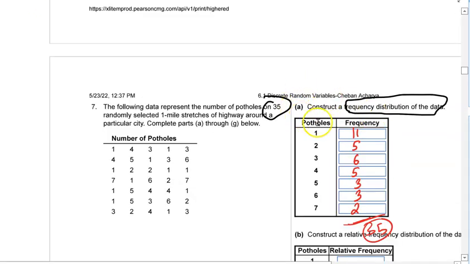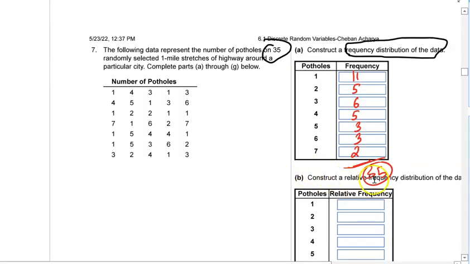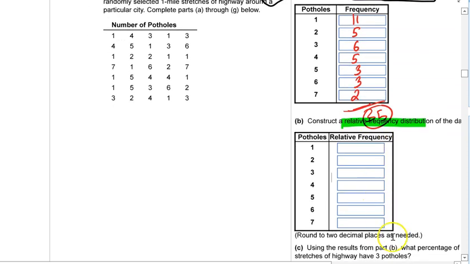The second part of the question is to construct the relative frequency distribution. This is the frequency distribution, and second is the relative frequency distribution. To find the relative frequency, you divide each frequency by the total frequency. Let's find the first box here, and notice that you round to 2 decimal places in your answer.